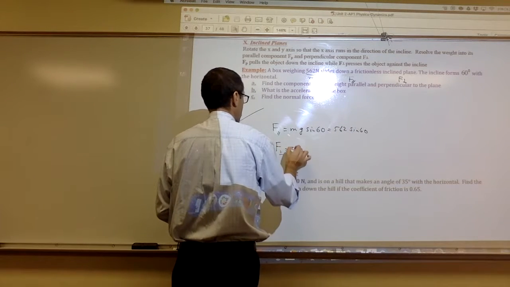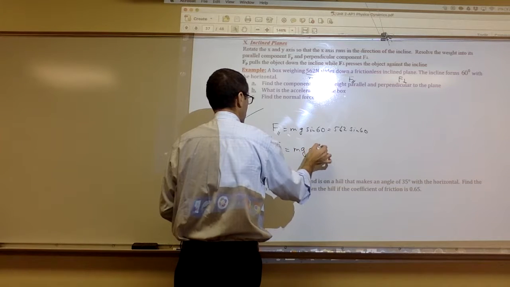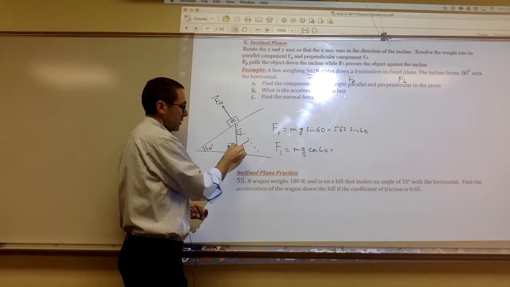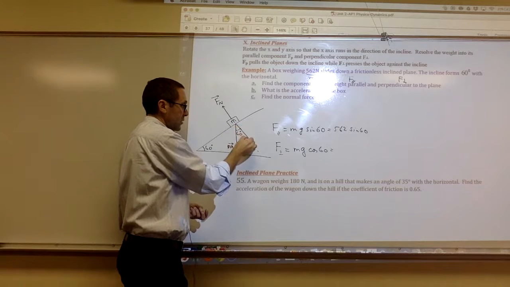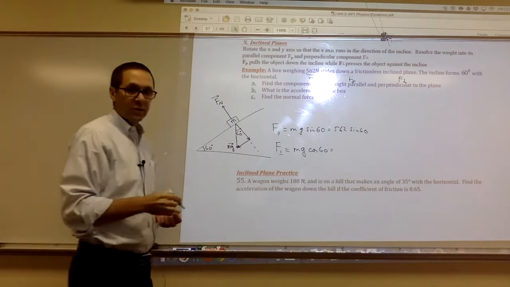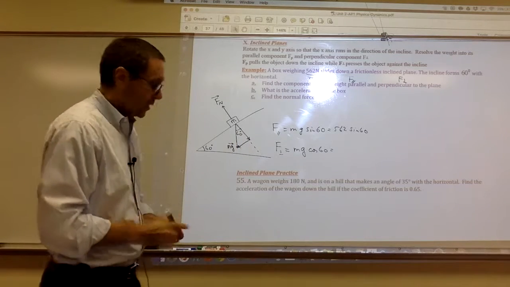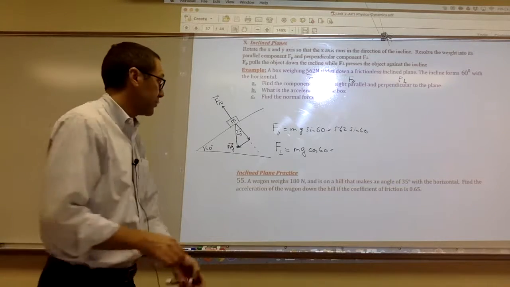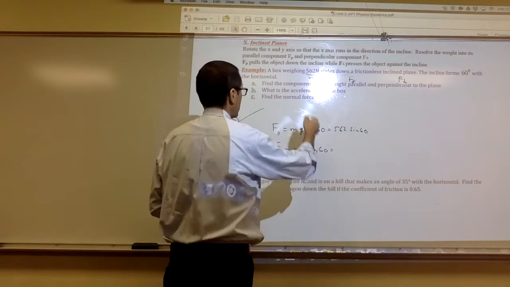Perpendicular component would be your mg cosine of 60. So you have to kind of make a triangle here. Here's your parallel component, here's your perpendicular component, but make sure you erase those after you're done. You're not supposed to have the components of forces on the free body diagram, because those are not real forces.